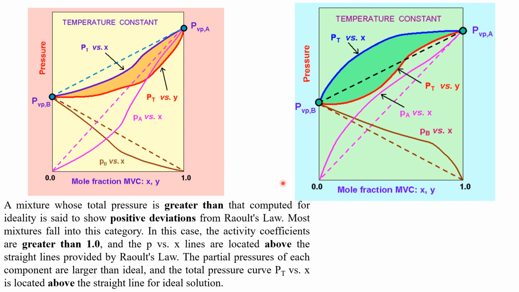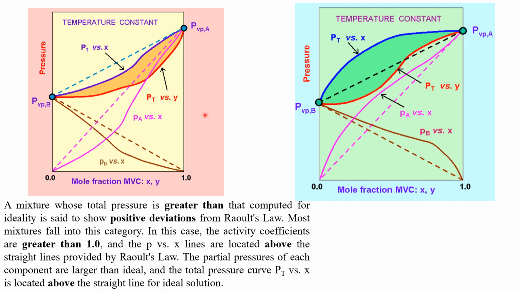When the total pressure of the system is less than the ideal value, then the system deviates negatively. For this case, the activity coefficient for both A and B is less than 1, and the P versus X curve is located below the straight line, which represents the deviation as negative.